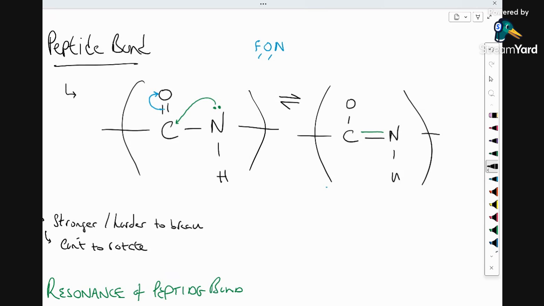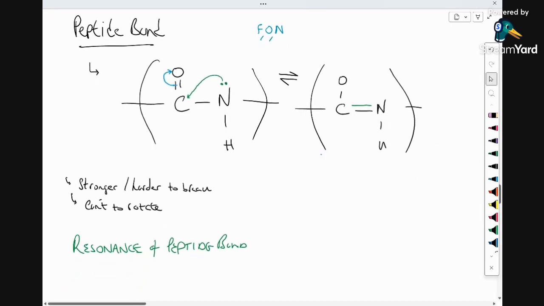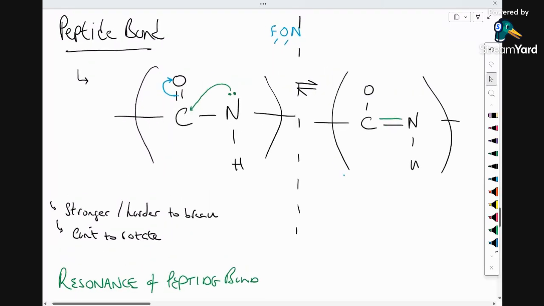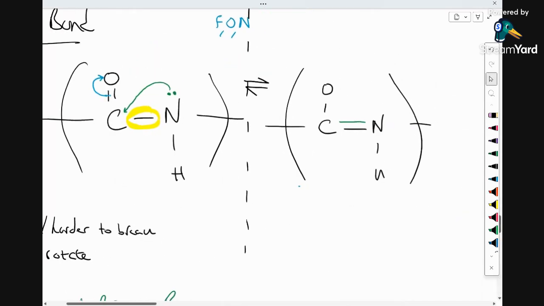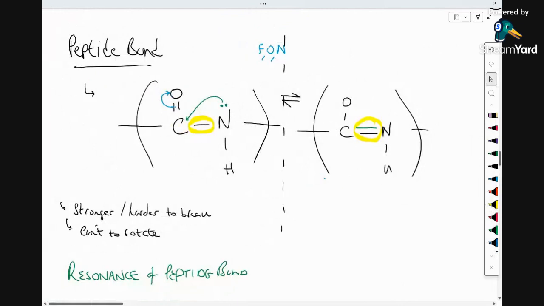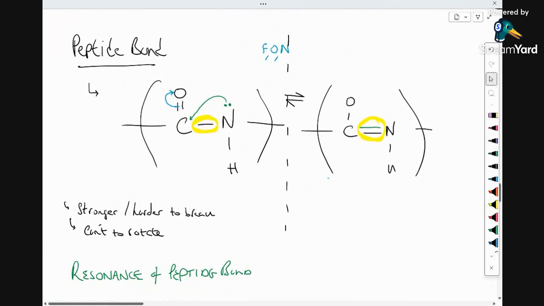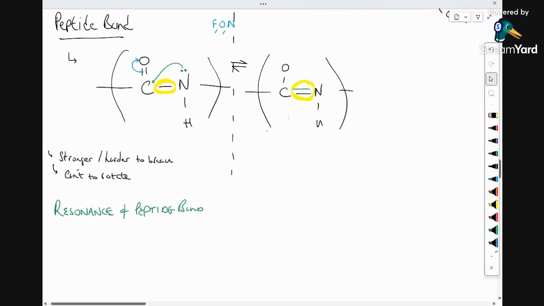The truth is that the true form exists somewhere in the middle. So the peptide bond exhibits both properties. Essentially, the peptide bond we're focusing on isn't just a single bond. It can sometimes be a double bond. And in truth, it exists as a 50-50 mix between the two. That property is called resonance.